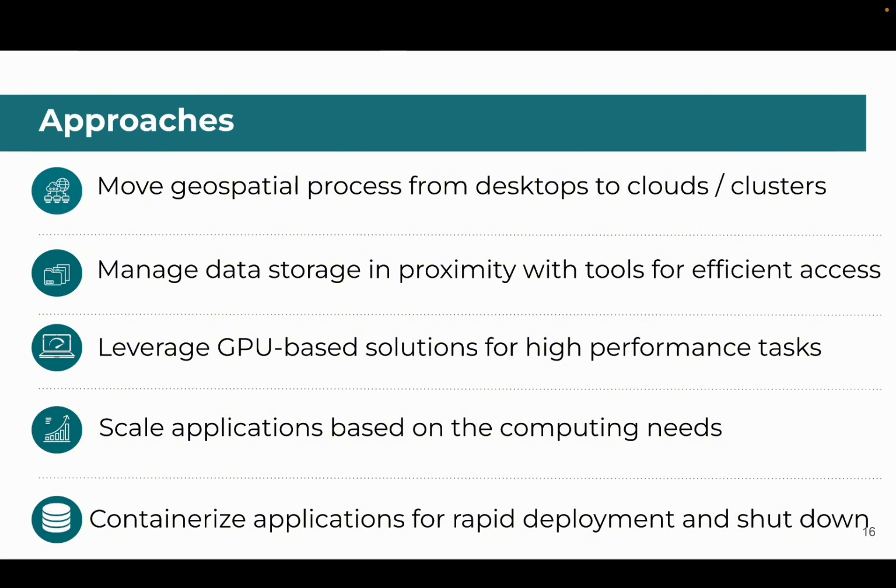Cloud platforms let us automatically scale resources up or down based on workloads, which ensures that we are using just the right amount of power, optimizing both performance and costs. Finally, we should containerize applications. This allows for quick deployment, scaling, and shutting down of services, ensuring consistency across different environments and reducing compatibility issues.